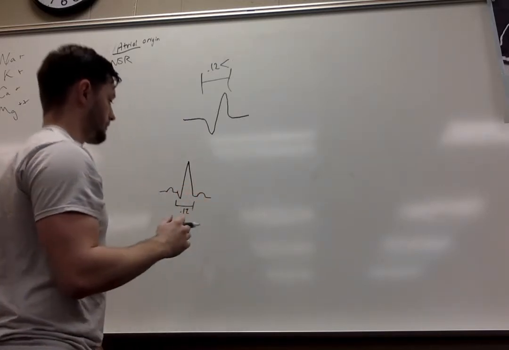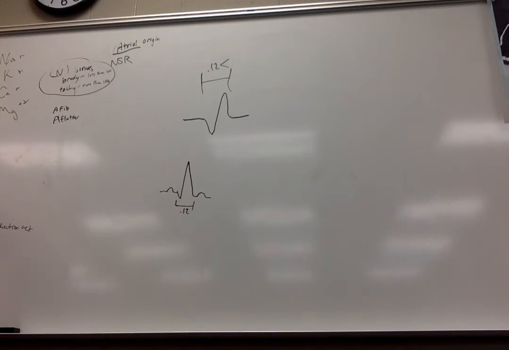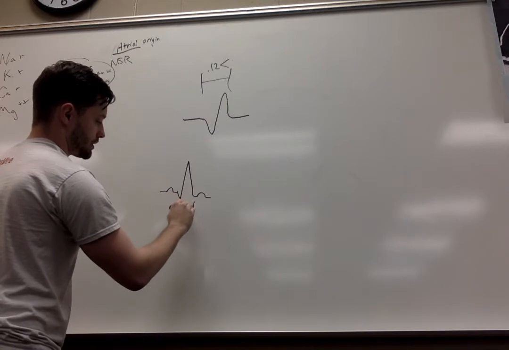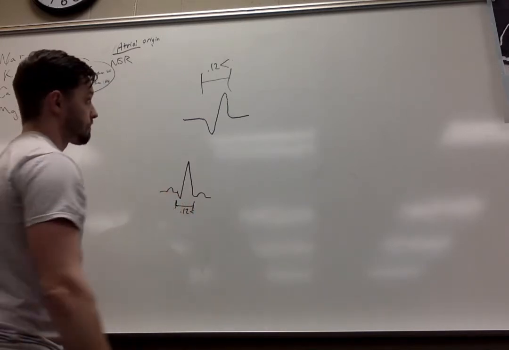It's common. There may be a block right here at the bundle of His. That's usually where it is. It's called a bundle branch block. So anything with the QRS wider than 0.12 is called a bundle branch block.